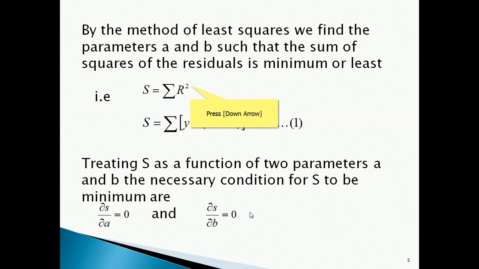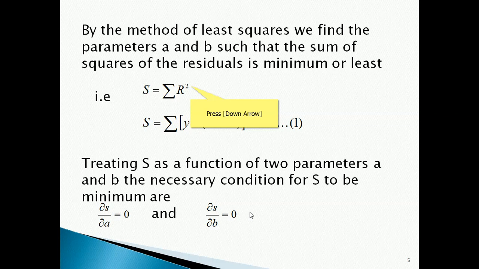We need to find the values of a and b in such a way that the sum of the squares of the residuals is minimum, meaning S must be almost equal to 0 or else S must be the smallest value. The necessary and sufficient conditions for S to be minimum are ∂S/∂a = 0 and ∂S/∂b = 0.